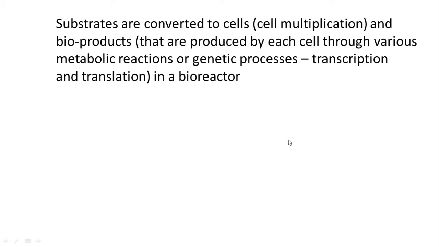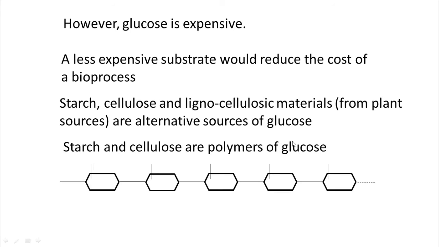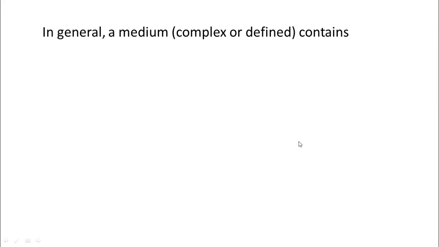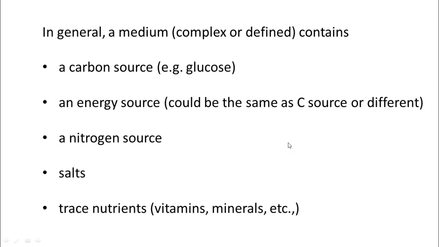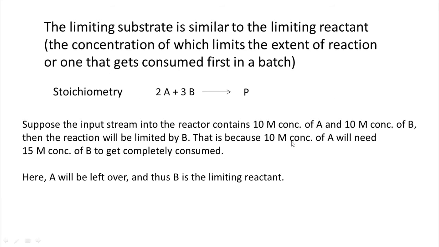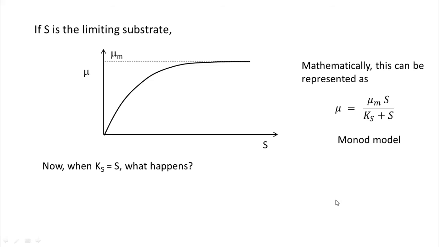Then we said substrates are converted to products, and then we looked at some important concepts such as a limiting substrate, and its relationship to specific growth rate, or the dependence of specific growth rate on the substrate concentration, which is given by the Monod model.